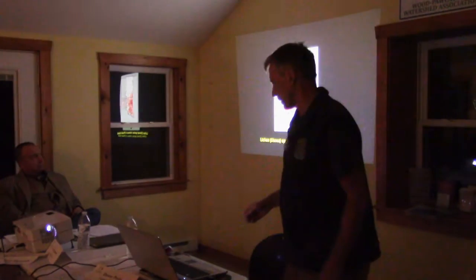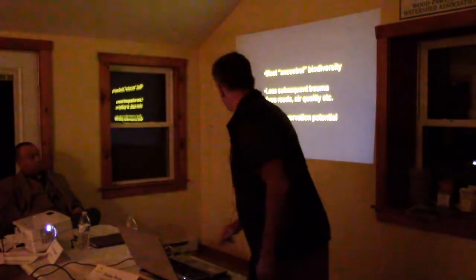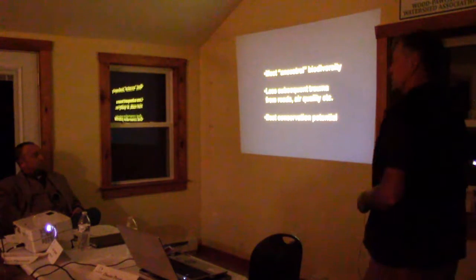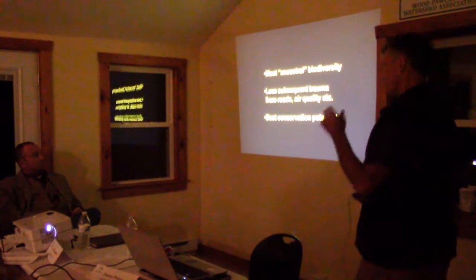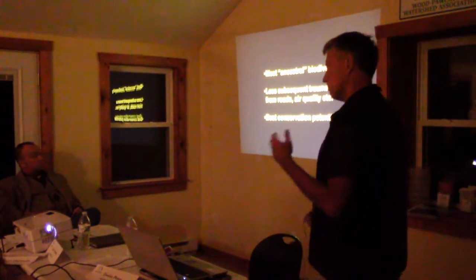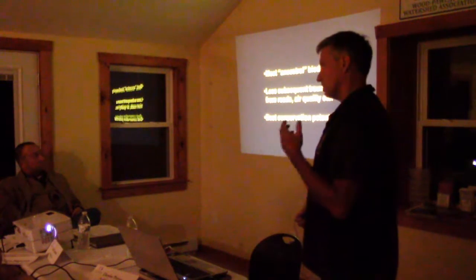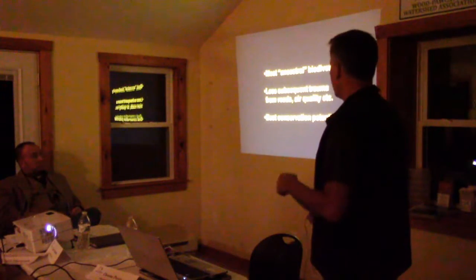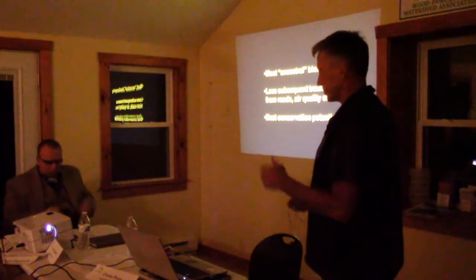So you put this all together, and the conclusion is that the Pawcatuck Watershed probably had the most stuff to start off with. It's a post-glacial pathway. It had a lot of stuff get in there. It's got more biodiversity than other parts of the state.